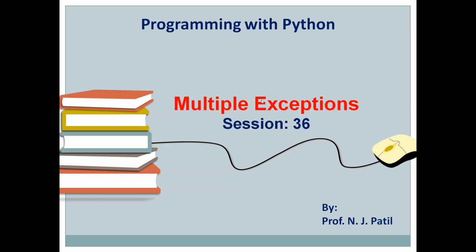In the last example program, we saw that a block of code may generate an exception, and that exception can be handled by an except block. In that except block, we were handling the zero division error exception.